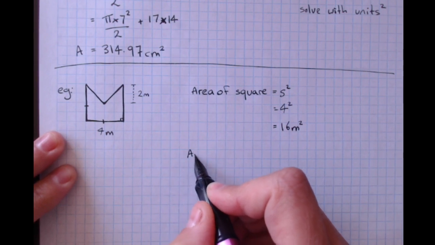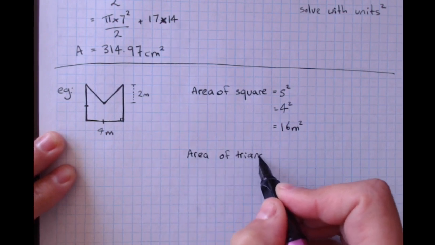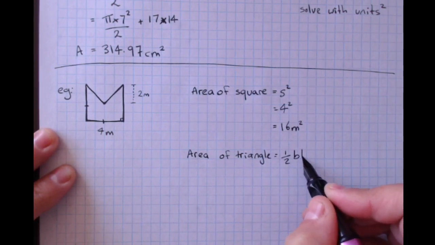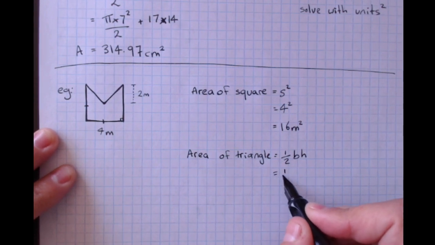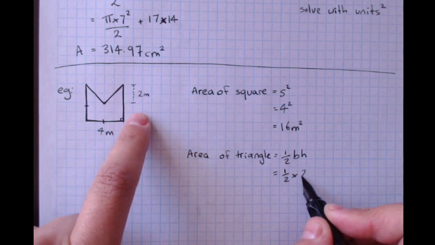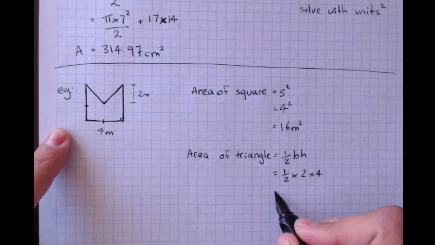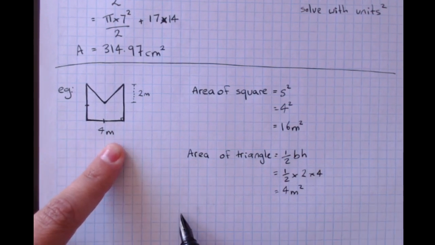Area of triangle is half base times height, or you can do base times height divided by 2, of course, which is half times, now the height of the triangle is 2, the base of the triangle is 4, and that's 4 meters squared.